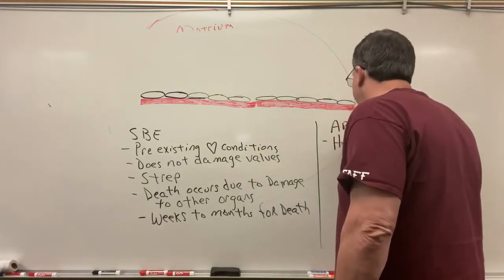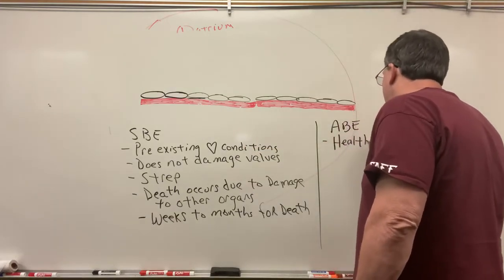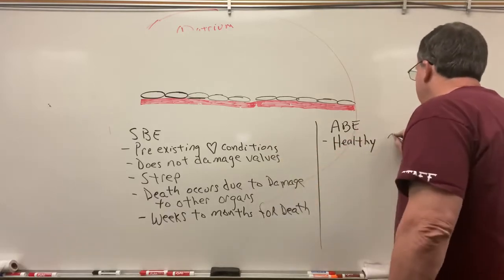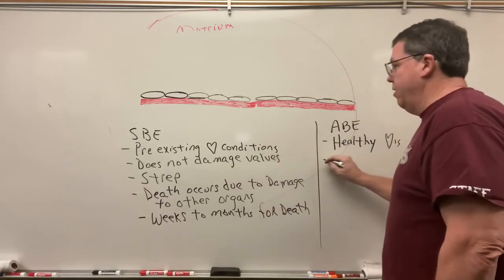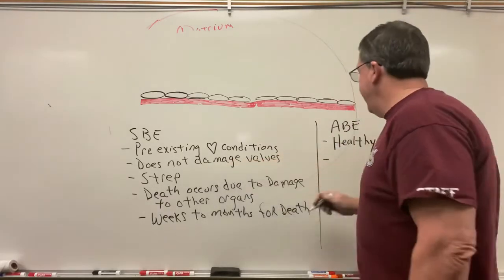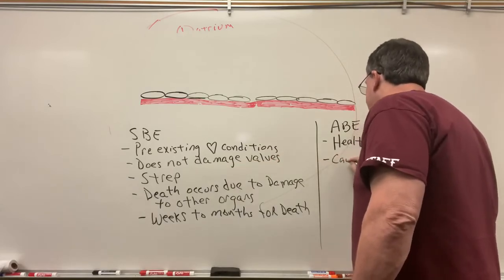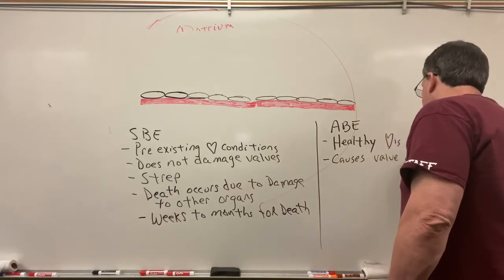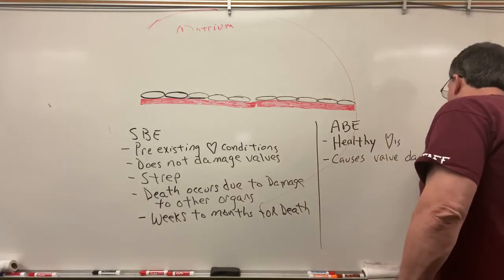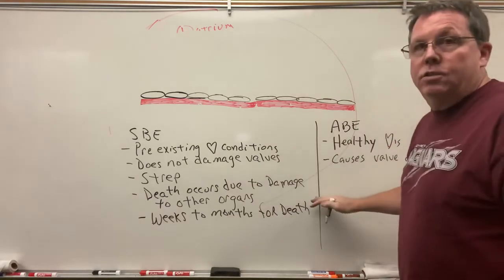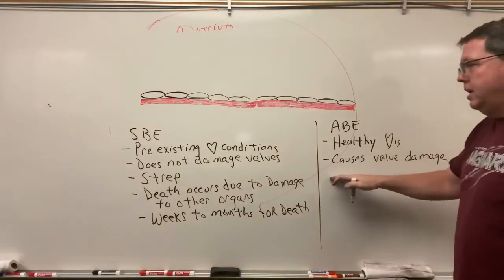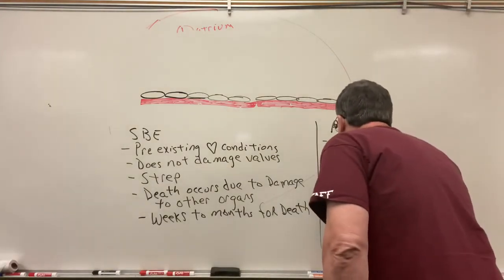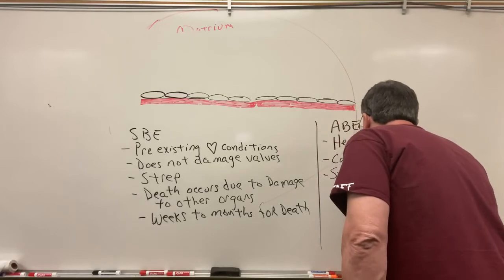This can occur in healthy hearts. It can also occur if they have something going wrong, but for the most part, it can occur in healthy hearts. This says it does not damage valves. This causes valve damage. This is usually caused by strep. This is usually caused by Staph aureus.